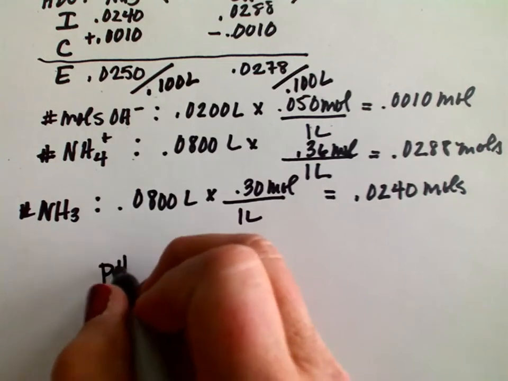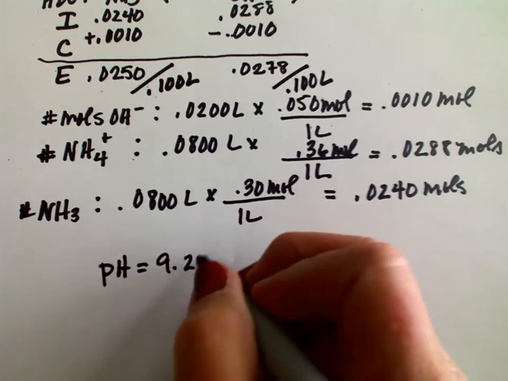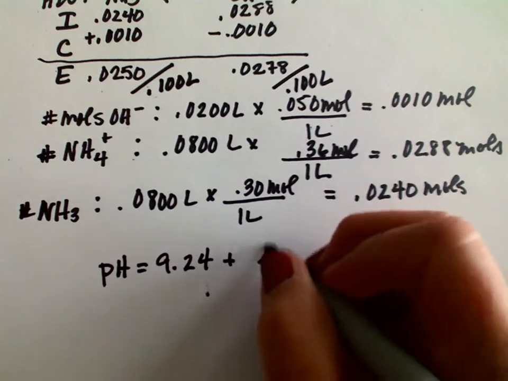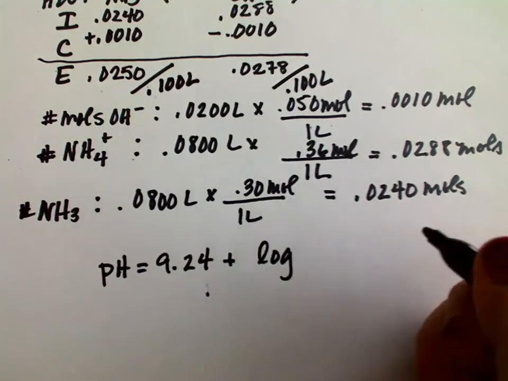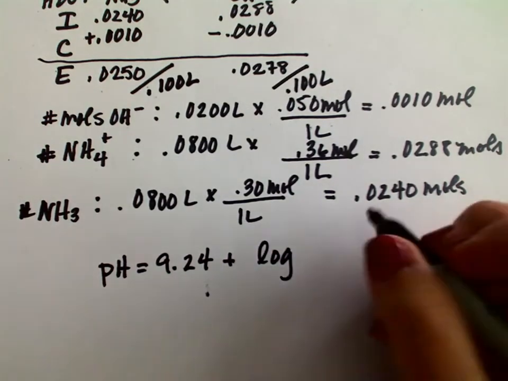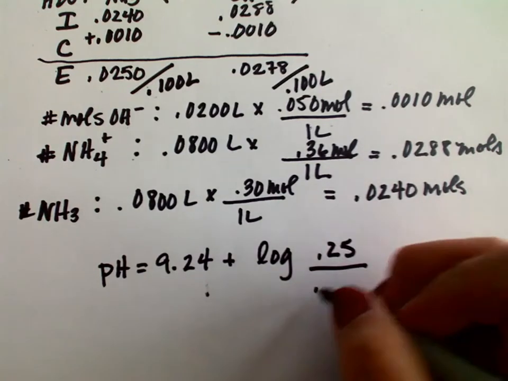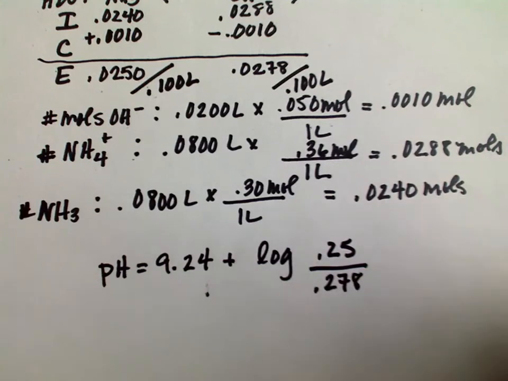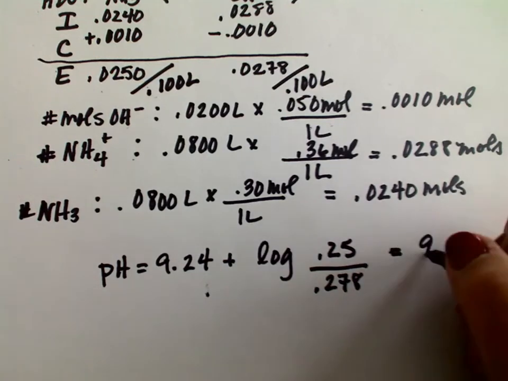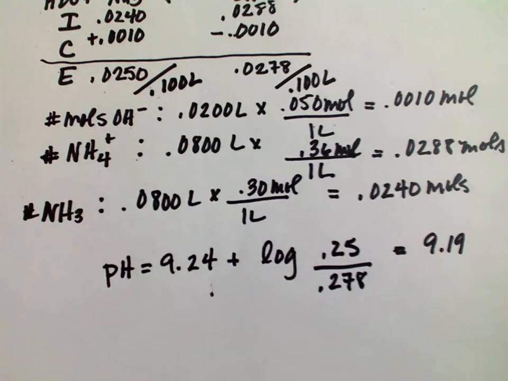And then we'll plug that into our Henderson-Hasselbalch equation. And the new concentration of ammonia is 0.25 molar, and that's over 0.278 molar. And the pH of the resultant solution is 9.19.